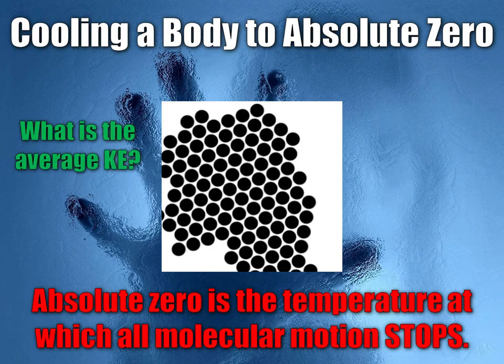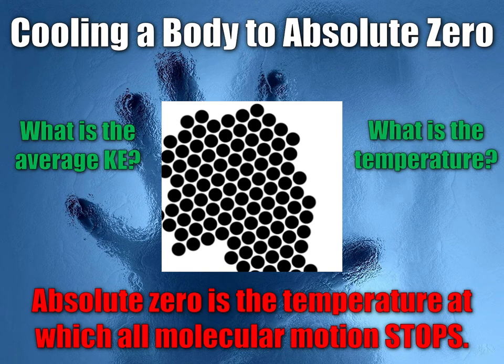So now that we've reached absolute zero, a few questions to think about. Looking at these molecules, what is their average kinetic energy? And what is the temperature of these molecules? Take a moment to think about it. Since the molecules are at rest at absolute zero, they have no kinetic energy.